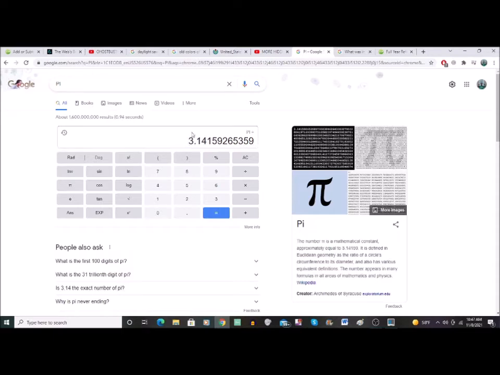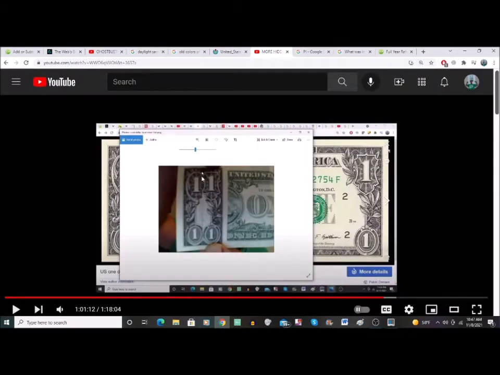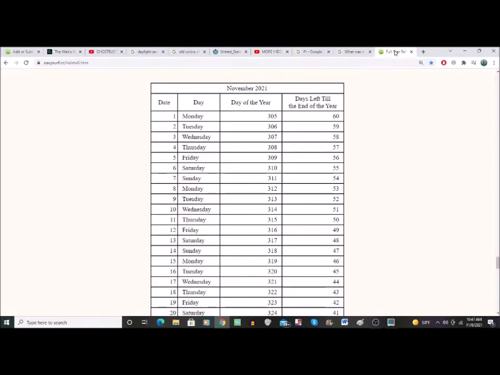It's interesting, some of these numbers that we've been tracking the last several videos that I've done. Well, actually, all the way back to last year, a lot of this stuff overlaps with what I initially started talking about. So that's pretty interesting. On the dollar bill, we've got this reference to pi here, and we've got this 1110 reference. Well, let's go to the calendar date thing again.